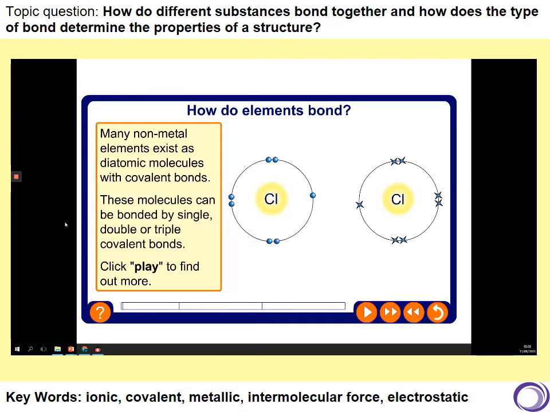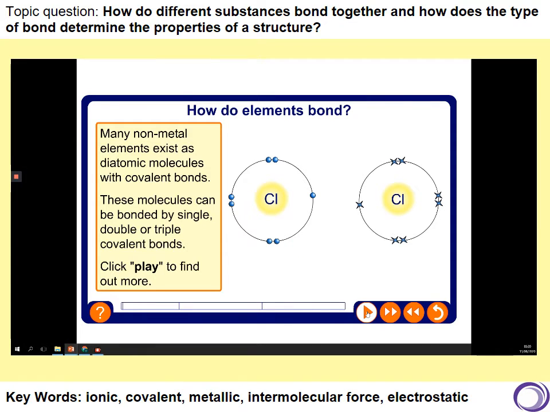Let's look at the bonding in chlorine. Chlorine is a group 7 element, sometimes referred to as halides. This means that it has 7 electrons in its outer shell. If a chlorine comes near another chlorine, both of them have 7 electrons in their outer shell.